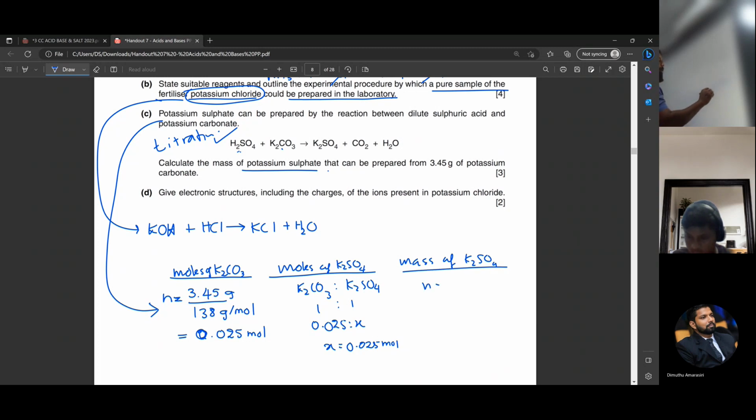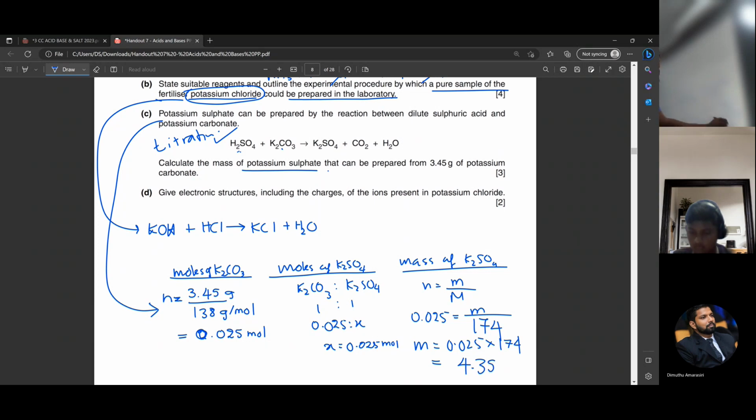Again, n equals m over capital M. 0.025 into M. What's the molar mass of potassium sulfate? 39, 78, 32, 64, 174. And 0.025 into 174 is 4.35 grams. That's the mass.